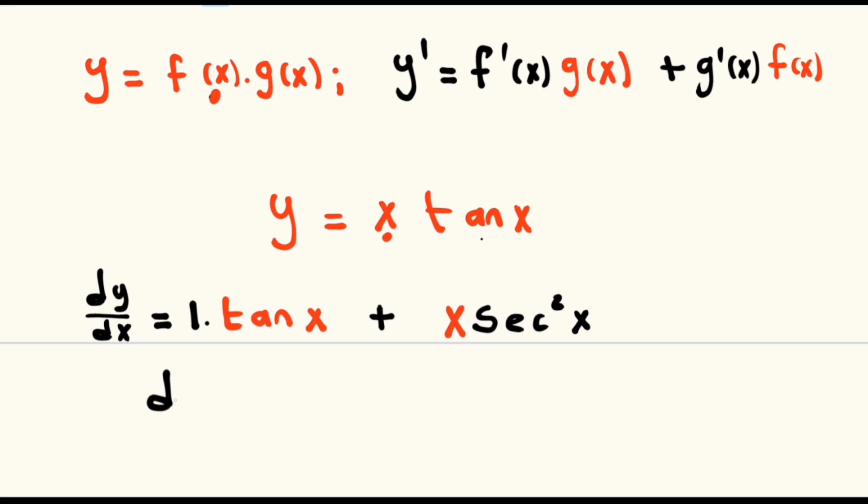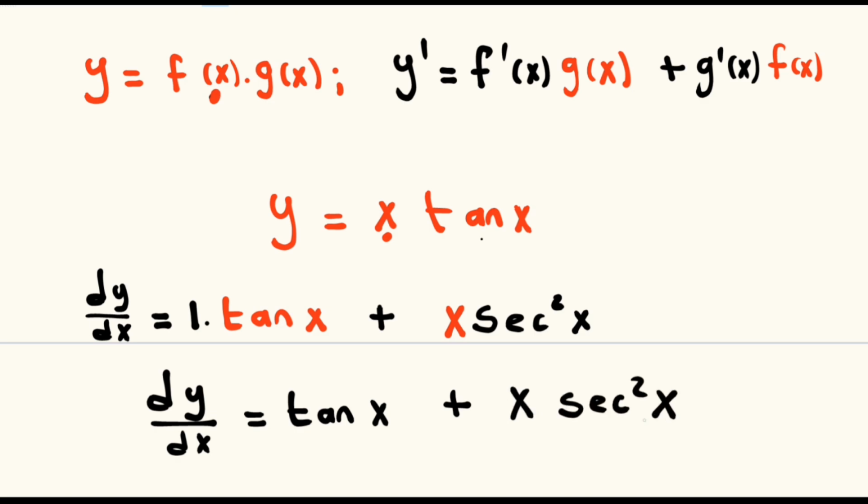So the derivative of the y with respect to x will be equals to the tan x multiplied by 1, which is equals to tan x, plus the x multiplied by the sec squared x.